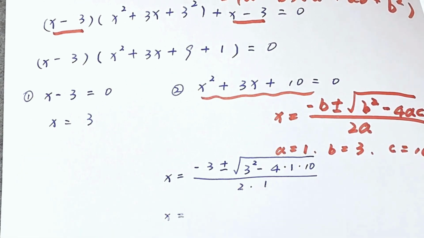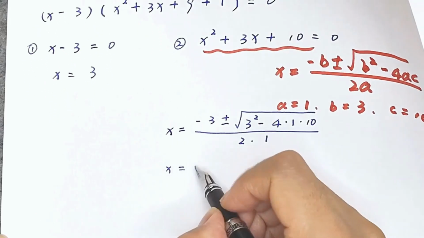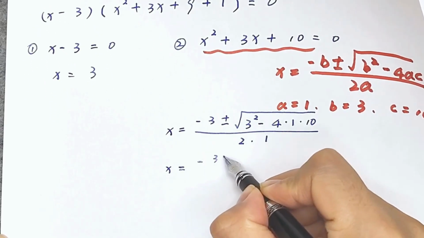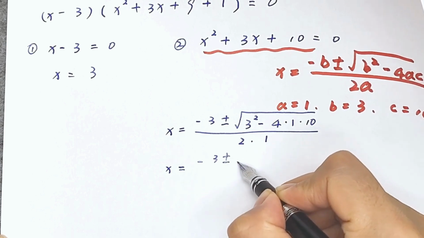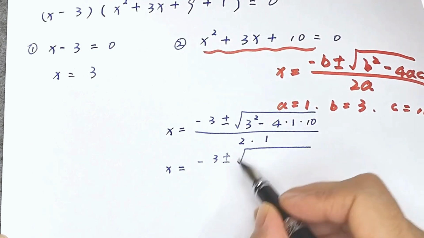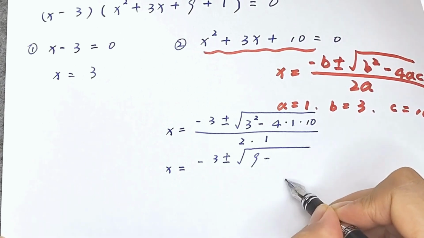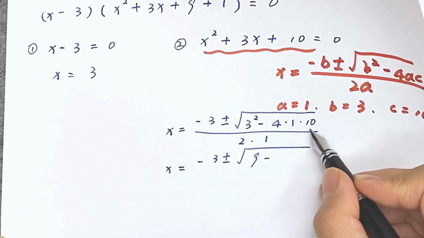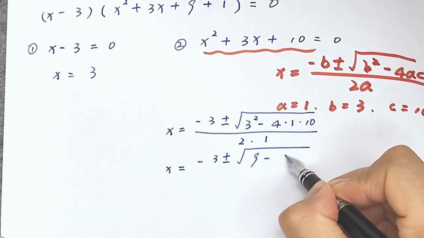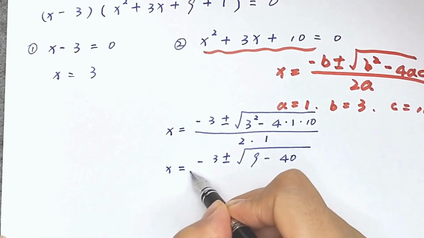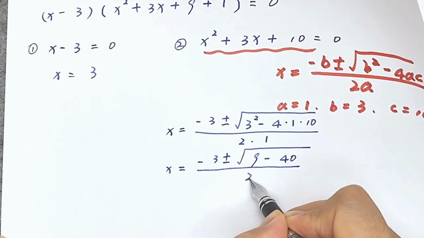X equals negative 3 plus or minus square root of 3 squared, which is 9, minus 4 times 1 times 10, which is 40, over 2.